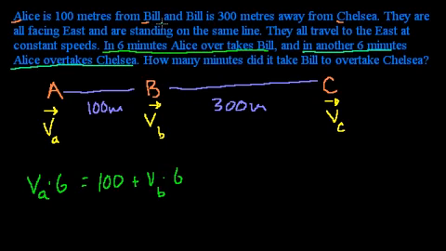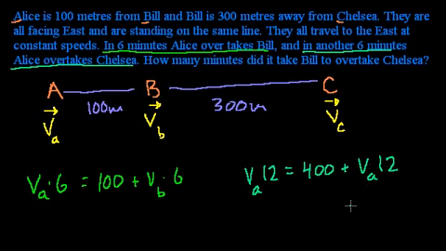So we could write that as the distance that Alice travels in 12 minutes is equal to, well, if she has to overtake Chelsea, that means she made up 400 meters of distance, so she traveled 400 more meters than Chelsea travels in 12 minutes. And remember, distance is just equal to rate times time, right? So in 12 minutes, this is how far Chelsea travels, that's a C, and this is how far Alice travels, and she's going to travel 400 meters more. Okay, that's what those two equations tell us.